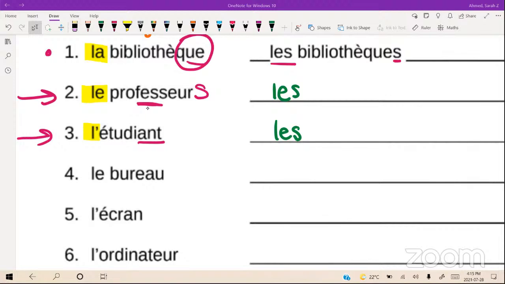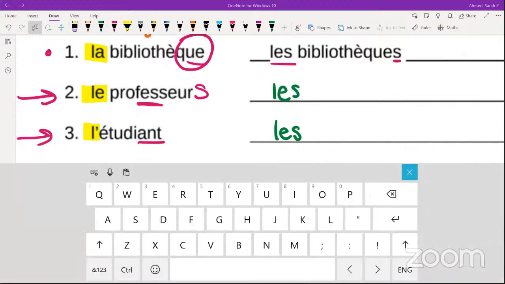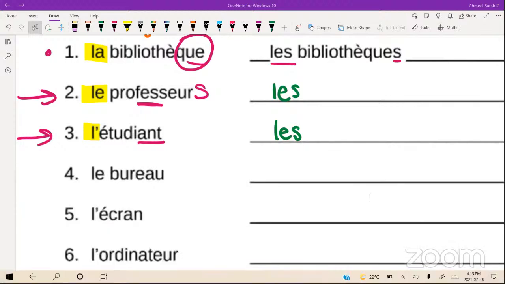It's okay. Yeah, I understand. You can just type with the regular E. Les étudiants. Okay, very good.